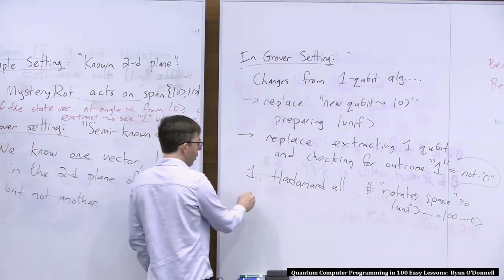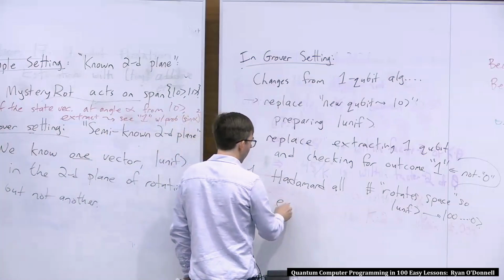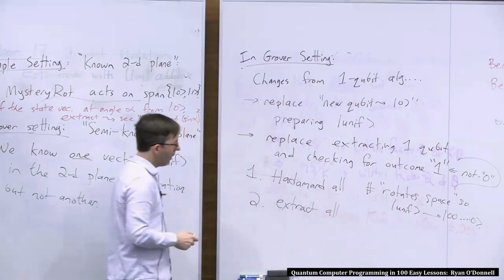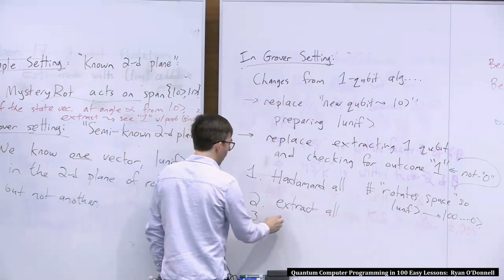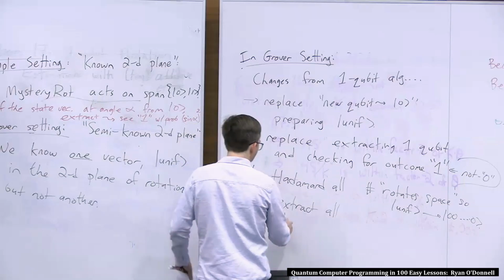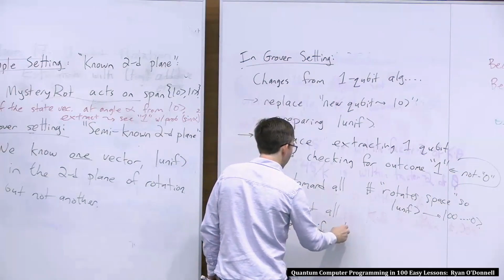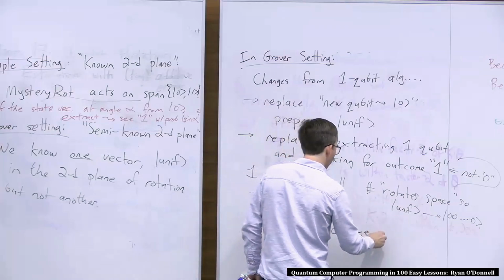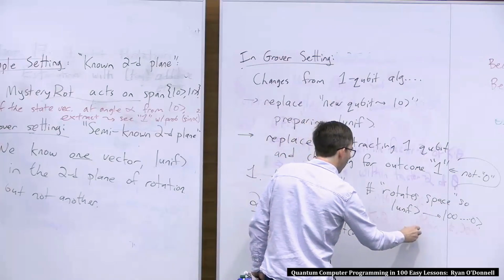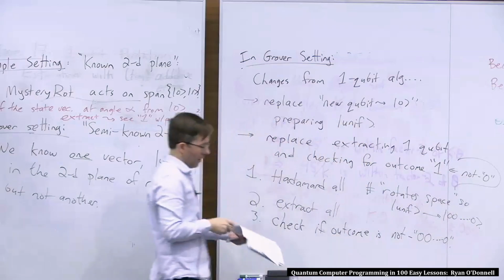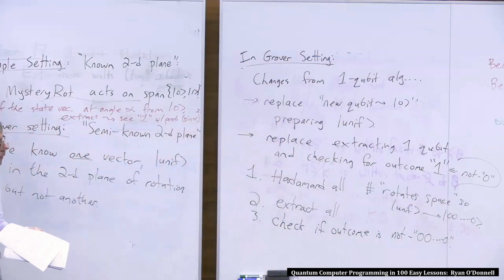And then you do your measurements. You do extract all. And then basically you check if the outcome is not all zeros, which is the analog of checking that it's not 0.